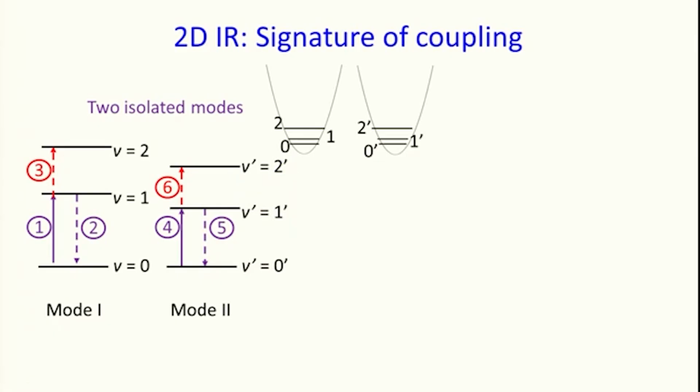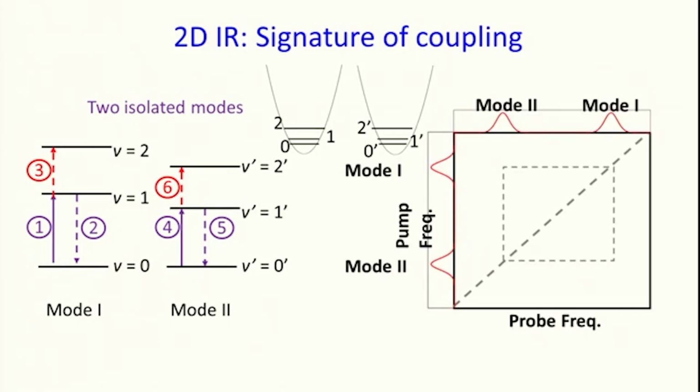Okay. So, what kind of 2D IR spectrum do we expect when the modes are isolated? There is no coupling whatsoever, they do not talk to each other. This is what we are going to get. Right now we have not shown any peak here, but for the sake of understanding I have shown these spectra where the mode 1 and mode 2 are.